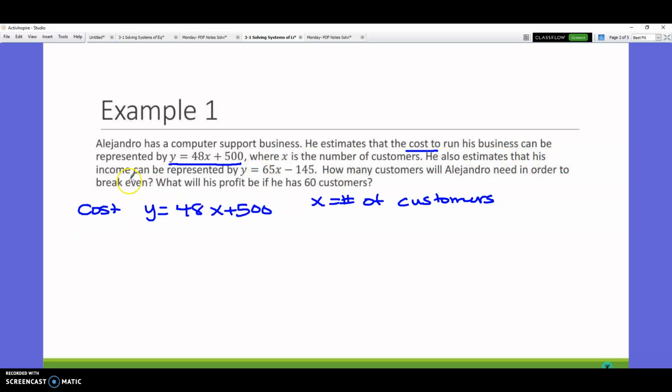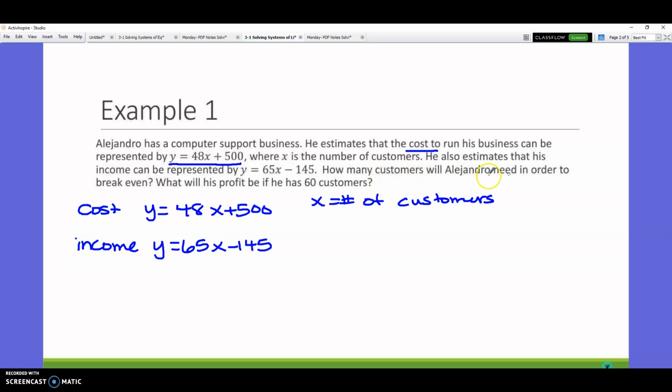He also estimates that his income can be represented by this. So the income equation is y equals 65x minus 145. x is still the number of customers, but now y is the income.